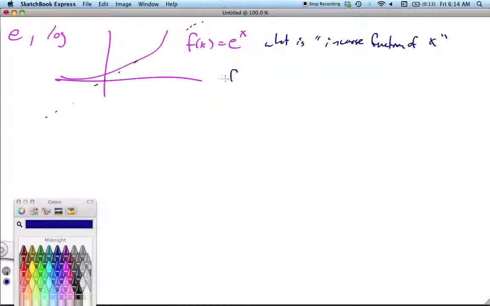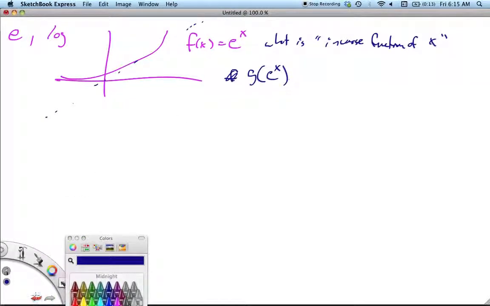Now we want to find, we'll call it g, a function that's going to eat that. I don't like how I'm going about this.